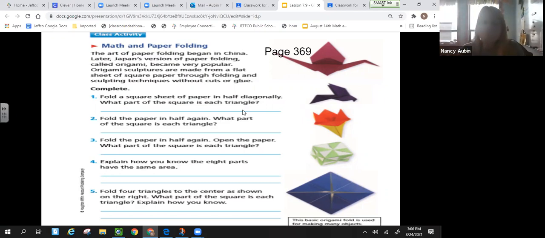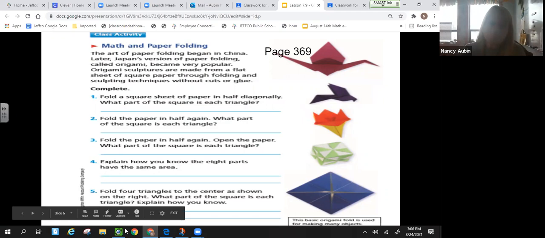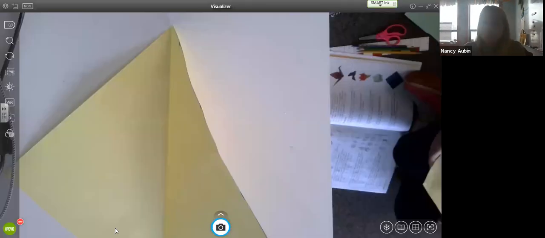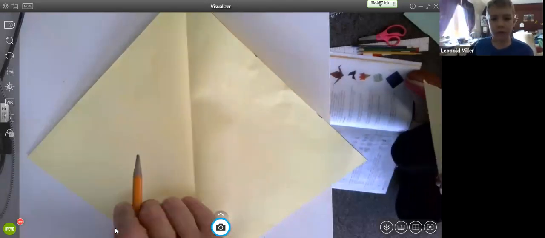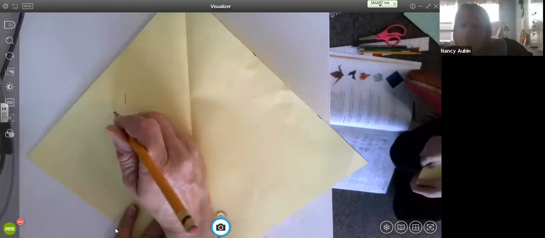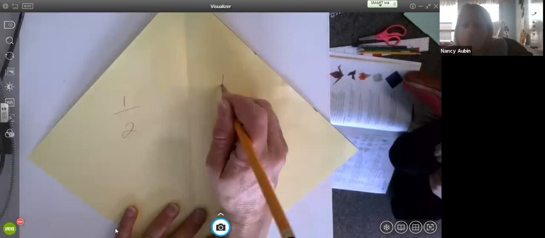What fraction is each one? Leo. In half. Yep, go ahead and write that. 1/2. Each one is 1 out of 2 equal parts.